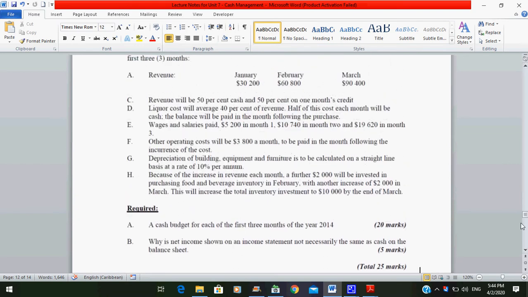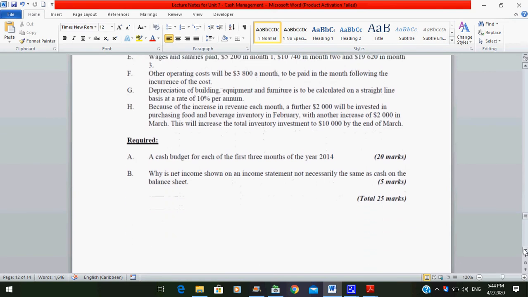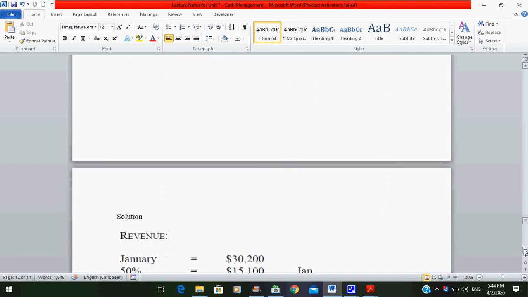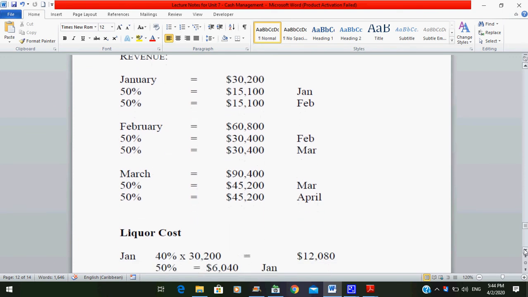That will give you 45,200, and then that 45,200 will be added to the 50% that would have come over from February. That should be calculated in March. Then the next 45,200 goes to April, which we won't be doing at all. April will take care of itself in the future, but we're focusing on January, February, and March. All right.